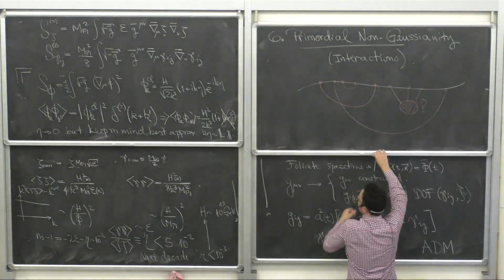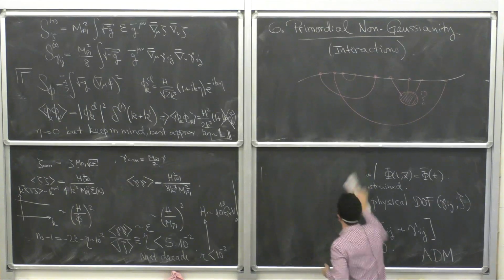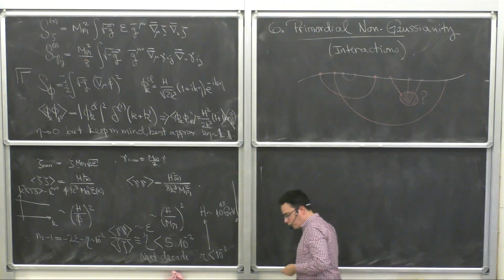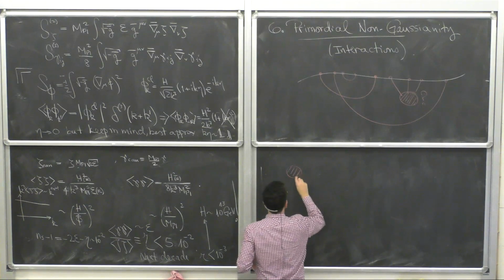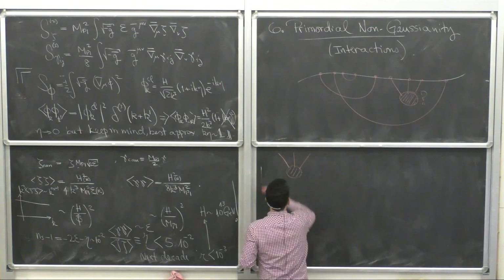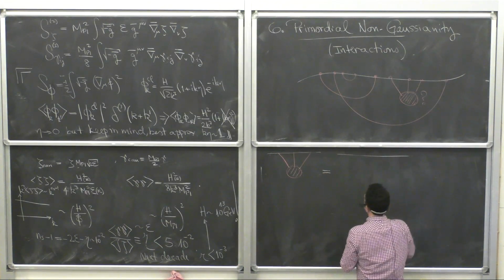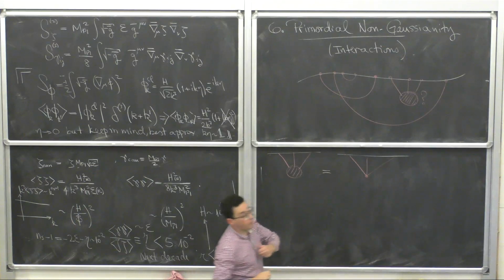Right? So what could this be? It can be self-interactions, right? The most boring possibility. The scalar field just self-interacts.